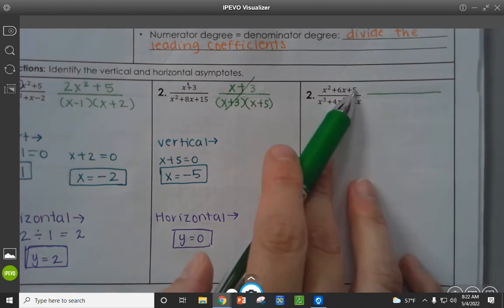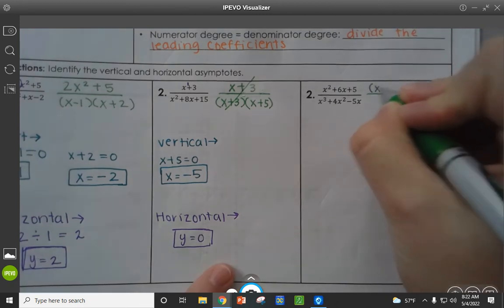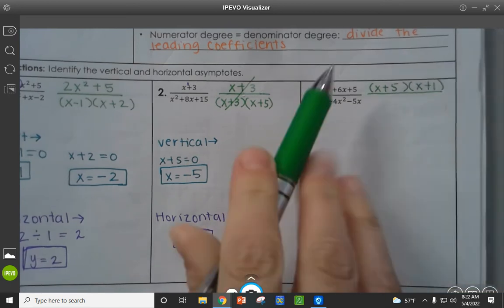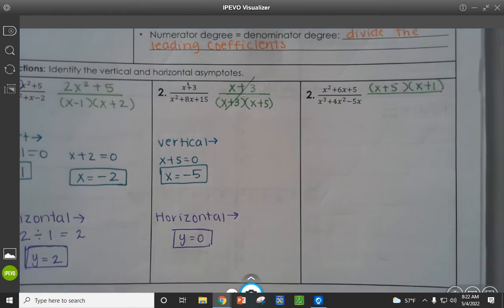We want two numbers that multiply to be 5 and add to be 6. x plus 5, x plus 1. 5 and 1 multiply to be 5. 5 and 1 add to be 6.